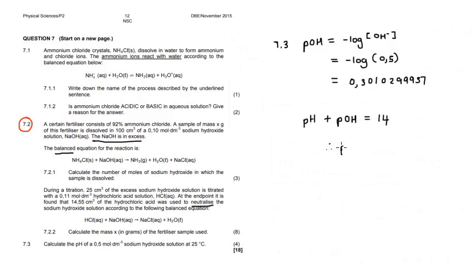Therefore the pH in our case is going to be 14 minus 0.301029997. This works out to be 13.69897. So the pH, if we round this off to 2 decimal places, is 13.70.